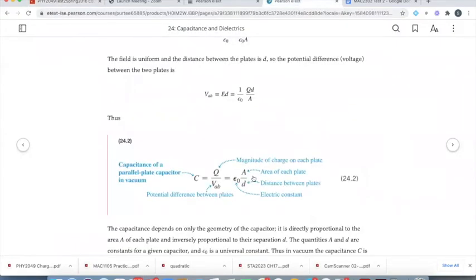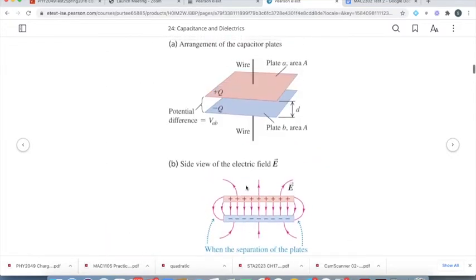Now, here's the important part. This is what I really want you to take away from this. The capacitance here is 100% geometric. It only depends on the geometry, the area of the plates, and the distance between them. The amount of charge you can store on this positive plate per unit volt only depends on the geometry.